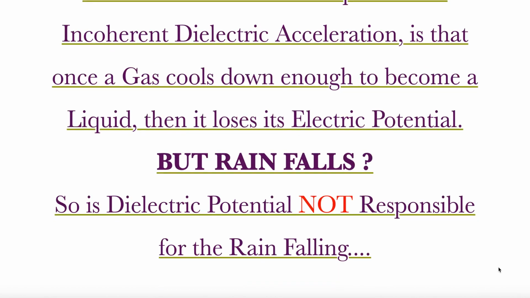And what electric potential does gas have? Other than ionized gas, which is plasma, that's affected by a magnetic field because it has electromagnetic properties.